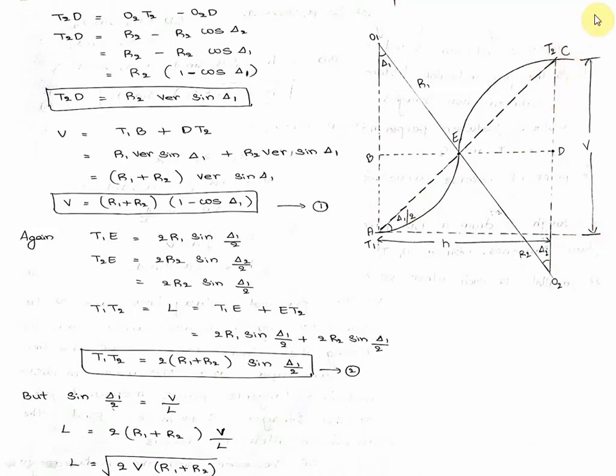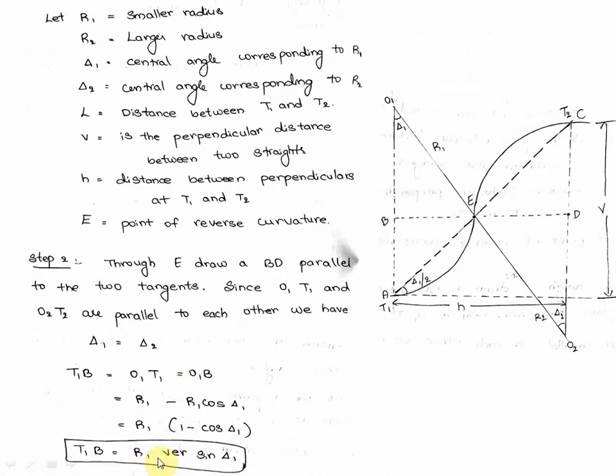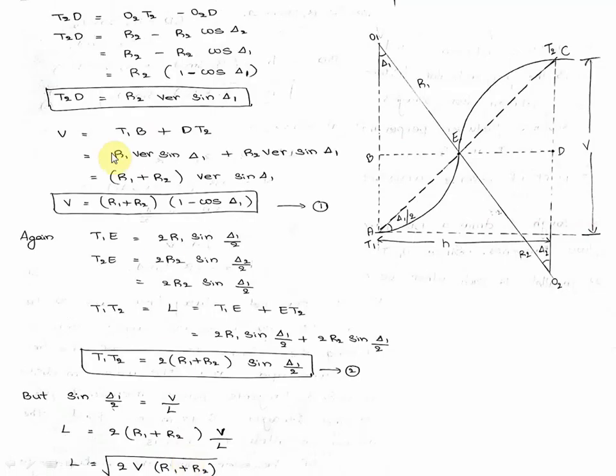You can write V as T1b plus T2d, that is V equals T1b plus T2d. T1b you have calculated as R1 versin delta 1, and T2d is R2 versin delta 1.